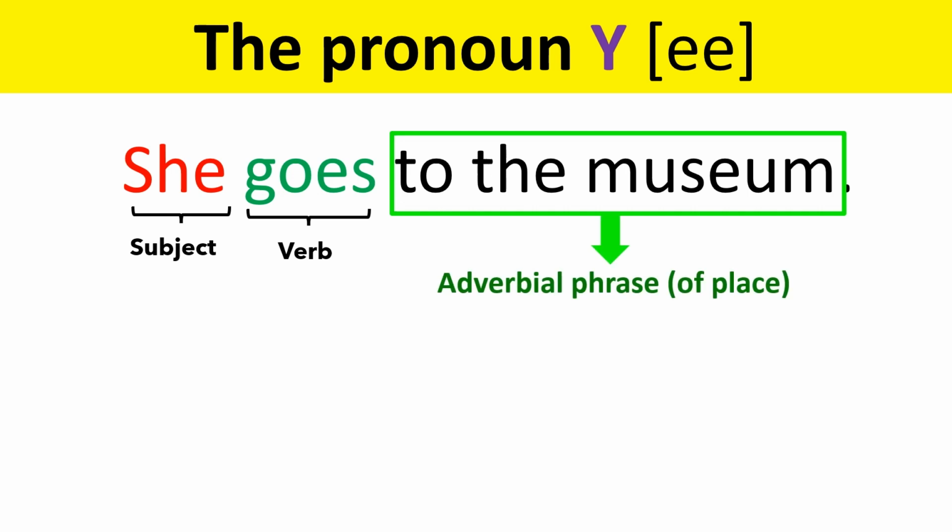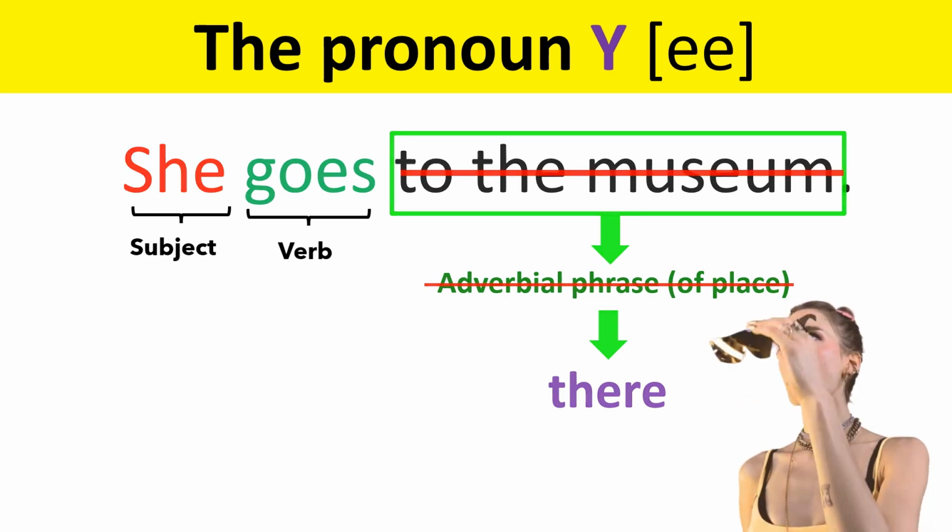We call that an adverbial phrase, and in this case it's an adverbial phrase of place because we've got an indication of the place that she's going to. If we wanted to replace that phrase in English, we would say she goes there. So there is the pronoun in English.